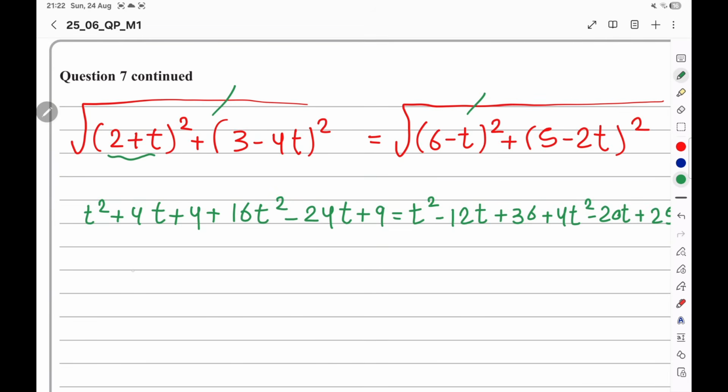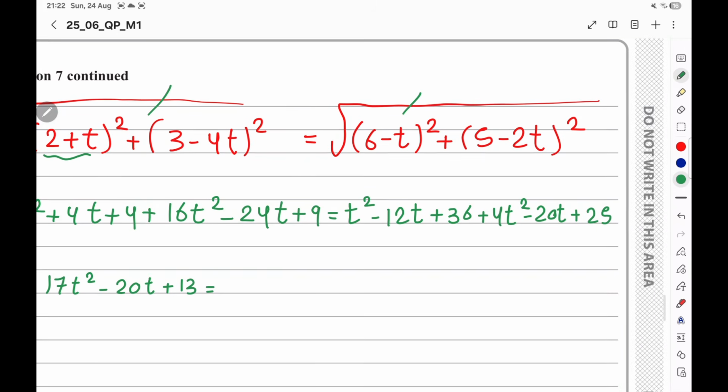T squared and 16t squared, 17t squared. 4t minus 24t minus 20t. 4 plus 9 plus 13 equals t squared and 4t squared, 5t squared, negative 12t and negative 20t minus 32t, positive 36 and positive 25 plus 61.